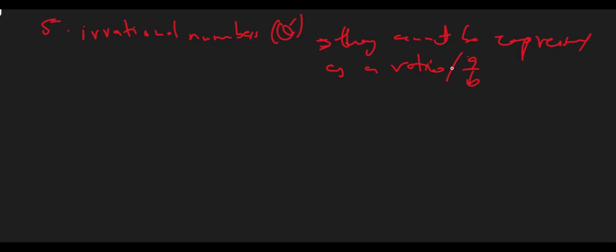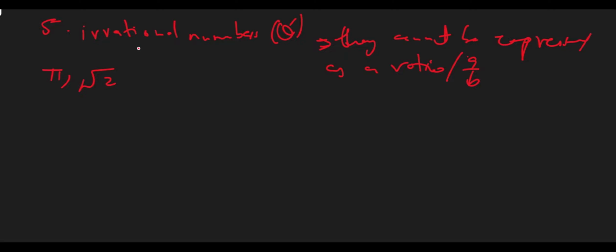Examples include pi, root 2, and so on. One distinction between rational numbers and irrational numbers is that rational numbers have repeating or terminating decimal expansions, whereas irrational numbers do not.